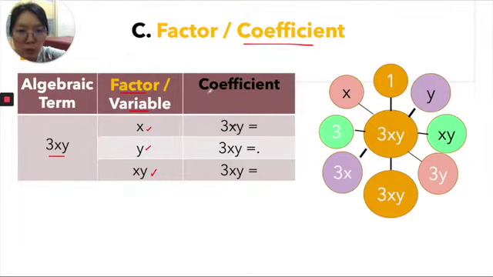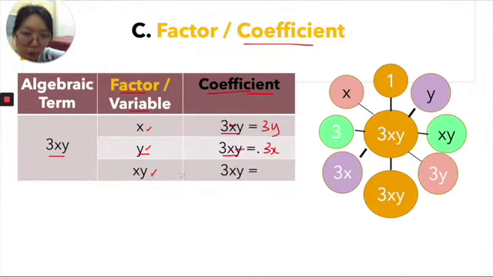So what is the coefficient here? Coefficient means, in this algebraic term, if I take out my factor x, what is left is 3y. So we call this the coefficient. Again, for the term 3xy, if I take out my y, I cancel off my y, what is left is 3x. So 3x is my coefficient.